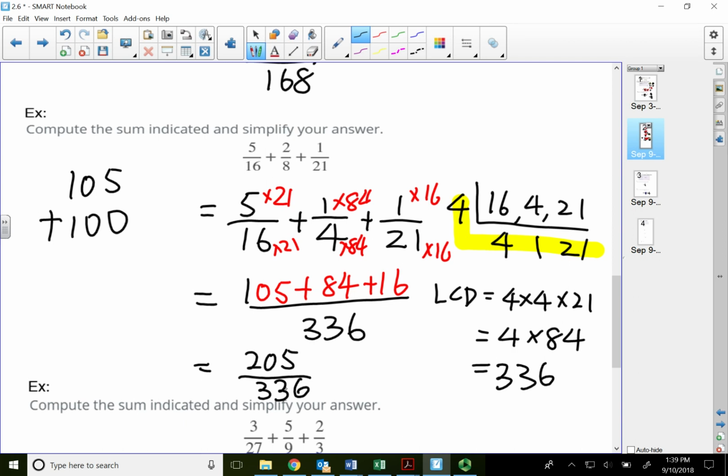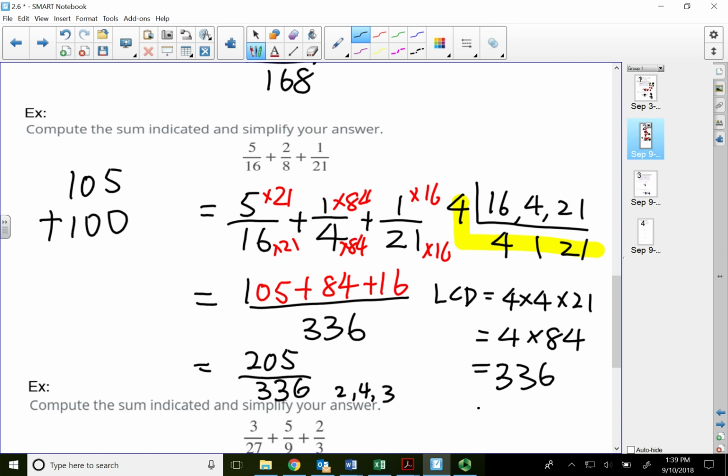I know 4 can go into 336 because of the last 2 digits. I know 2 can. 3 can. So 2, 4, 3 can. All right. 9 cannot. Divisibility by 9 says I cannot. Now, this ending in 5, only 5 can go into it.